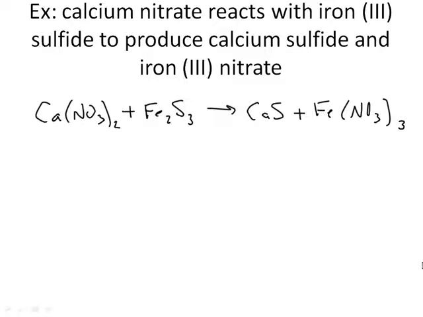Now I'm going to run through and figure out how much of each thing I have. And I'm also going to notice that I can take a shortcut here. Because see here, I have a nitrate, and over here I also have a nitrate. That means that when I go to balance, I can actually balance nitrates rather than individual nitrogens and oxygens, which is kind of nice.